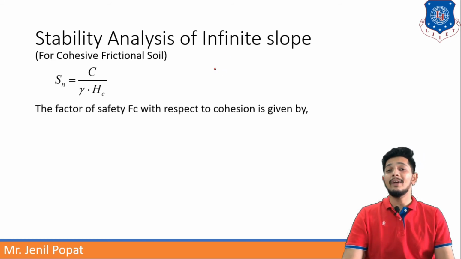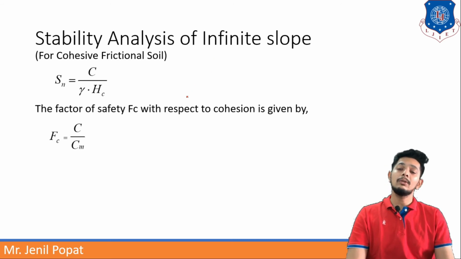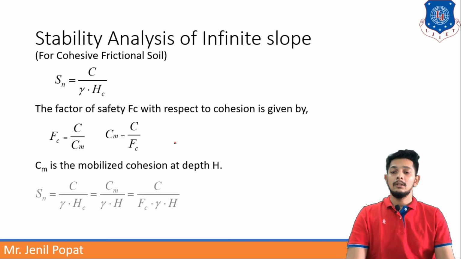Moving forward, the factor of safety Fc with respect to cohesion. So Fc is equal to c by cm. We know that from the previous video. Now we can also write cm is equal to c by Fc. It is very simple. cm is the mobilized cohesion at depth h.